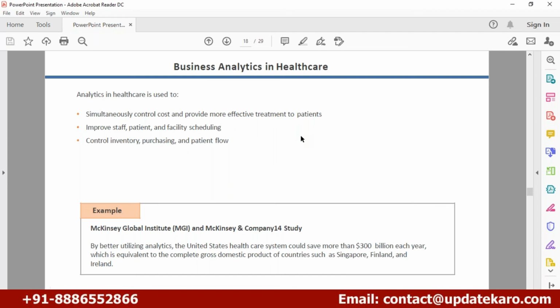So that is the reason it will control cost and provide more effective treatment to patients, improve staff, patient and facility scheduling, control inventory, purchasing and patient flow. These are there, last two points. But the first thing is that we have predictive models which predict the disease well in advance. Is that clear to all of you?